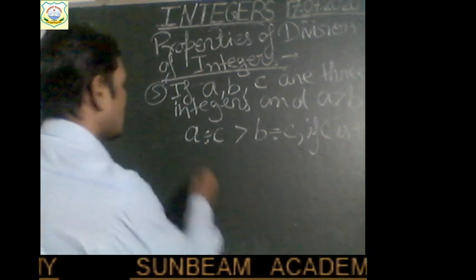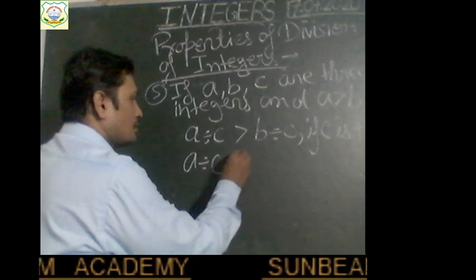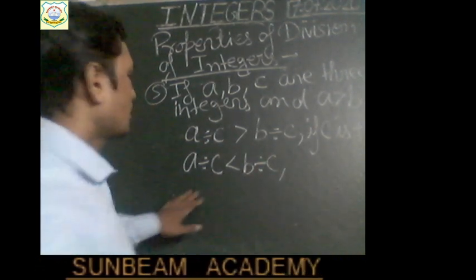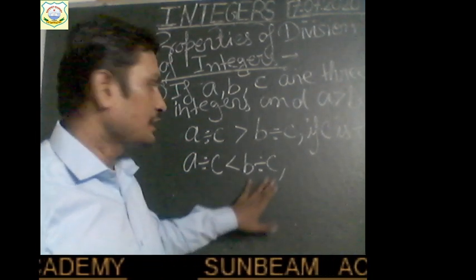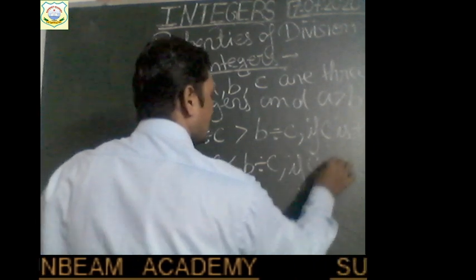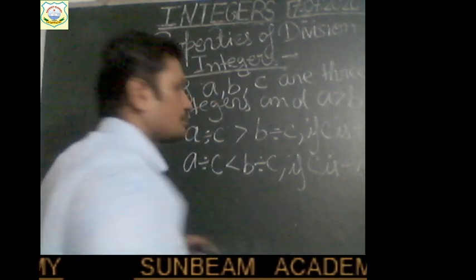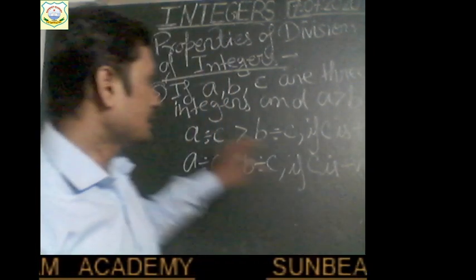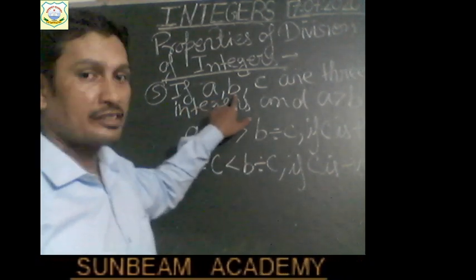And A divided by C will be less than B divided by C if C is negative. Right, children? So one integer is greater than another integer. Integer A is greater than integer B.